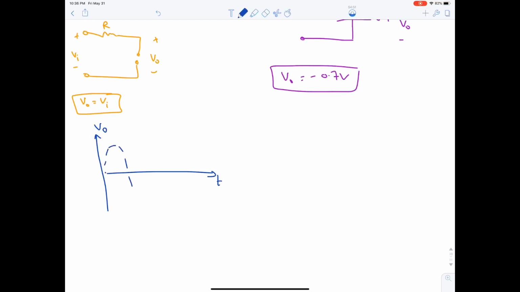This is the reference, 5 and minus 5. If Vi is positive, then V output is Vi, this is AC, new signal, and if Vi is negative, then it's minus 0.7, okay?